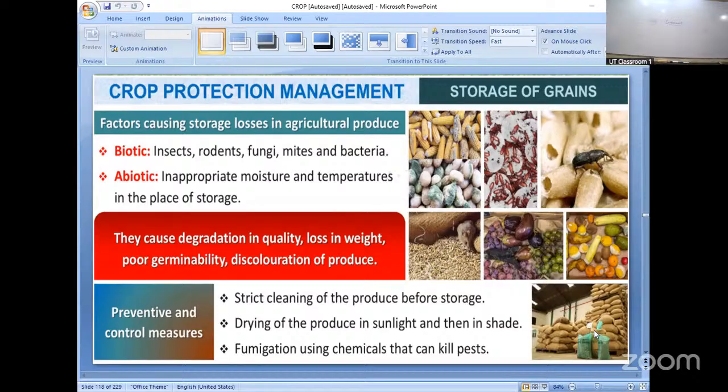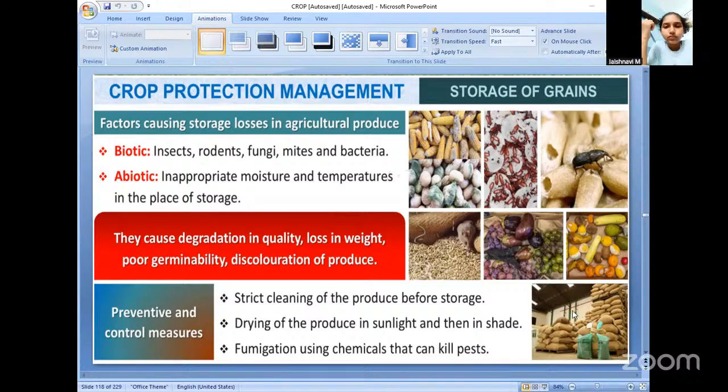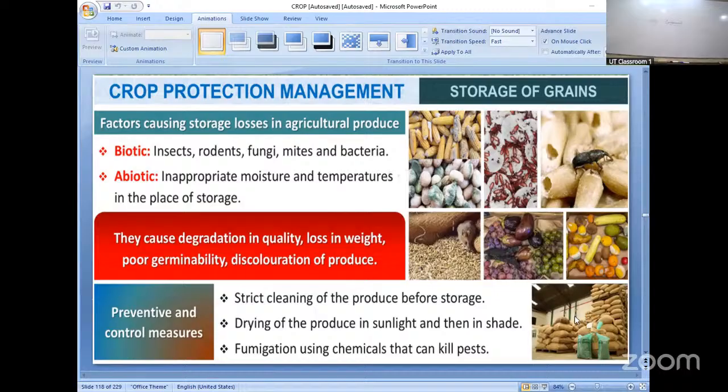Hygienic conditions should be there. Cleanliness should be there so that pests, rodents, and rats do not enter the room where they are storing the grains. These are all the preventive measures taken by the farmers.